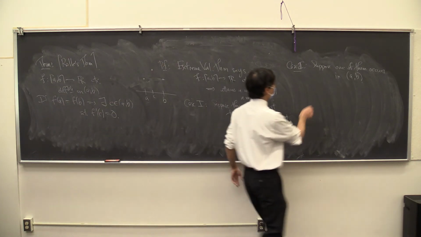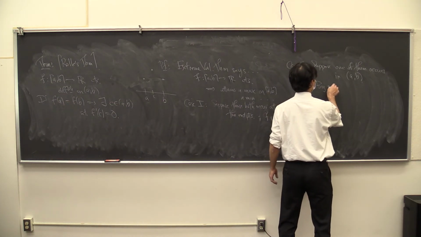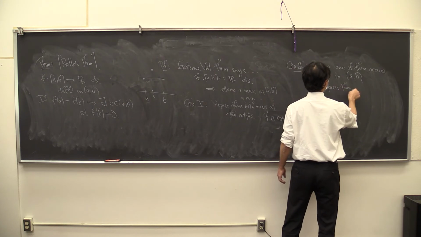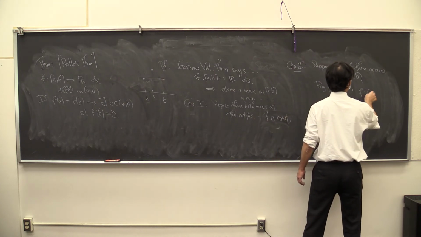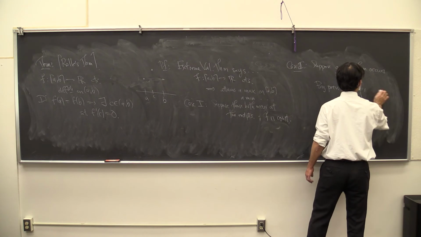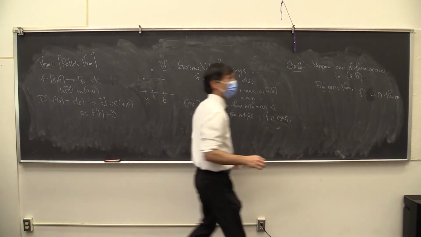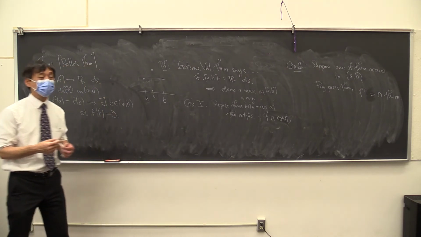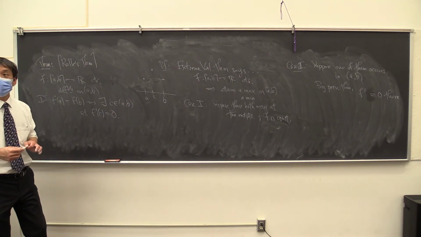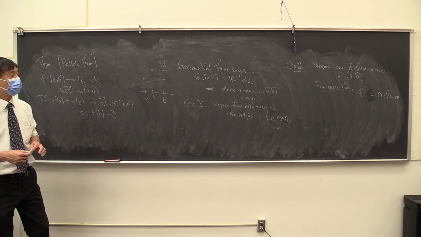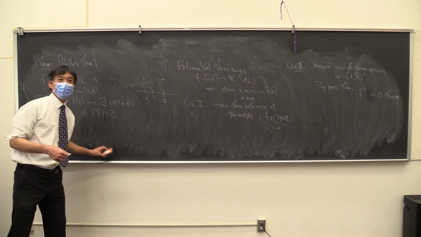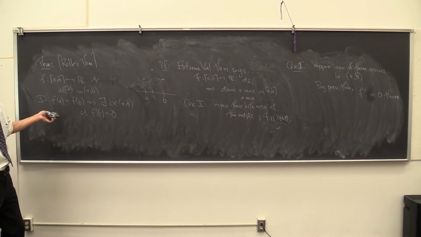Right, so by the previous theorem, f prime equals 0 here. Okay. So that's the proof of Rolle's theorem.